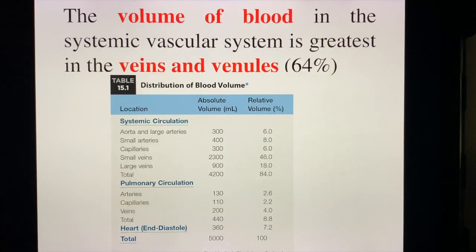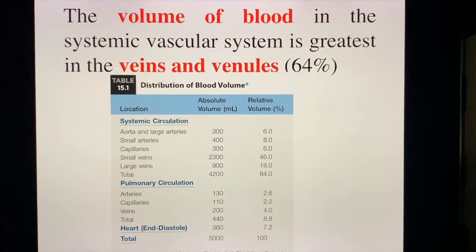So let's start. Now, as you can see in this table, this shows you the distribution of blood. It would be crazy to memorize these values. So let's interpret and what most likely will be asked in the exam. And that would be, as you can see, small veins, large veins have the most distribution of blood.